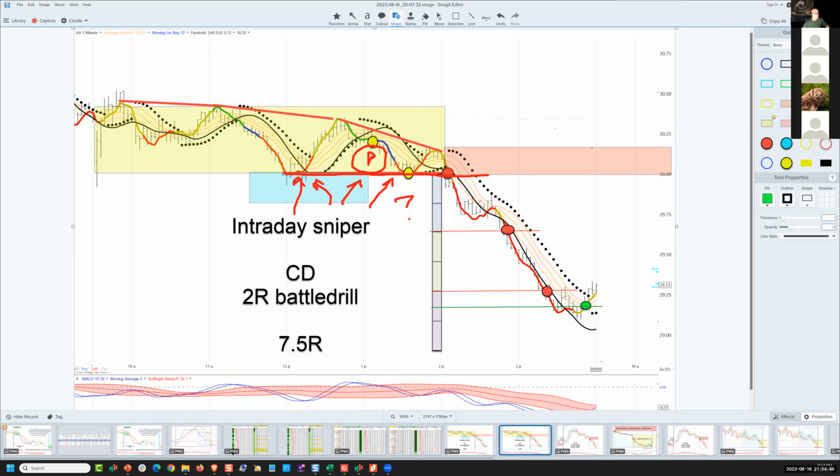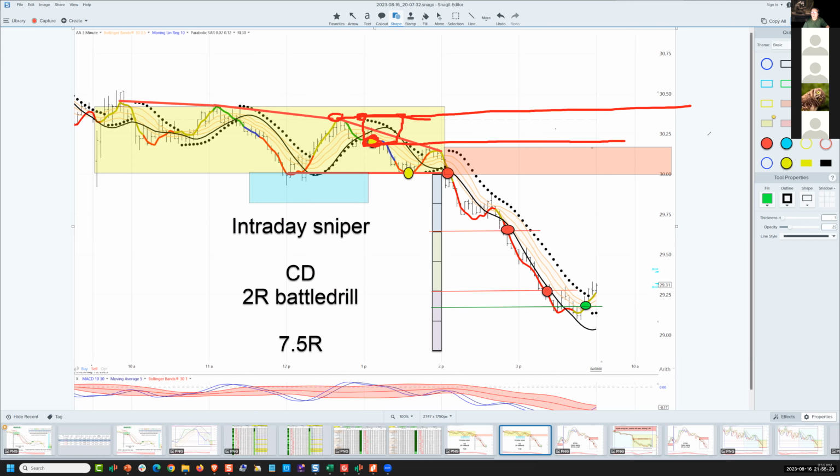So if that was entry 1, the aggressive one, and this is entry 2, front running the collapsing dragon, if my entry is here, where is my execution risk? Right here. How much is that in terms of R? That's about 25 cents. Not crazy in Alcoa.